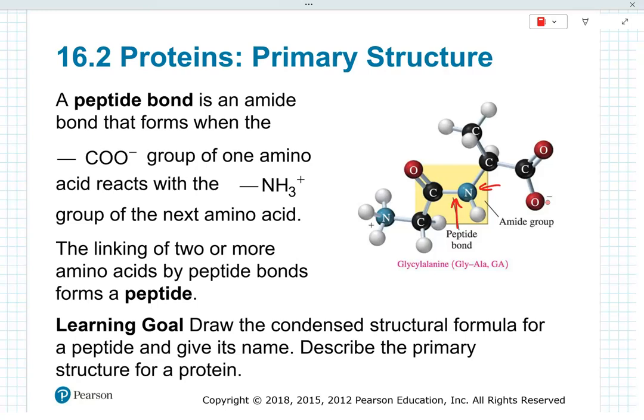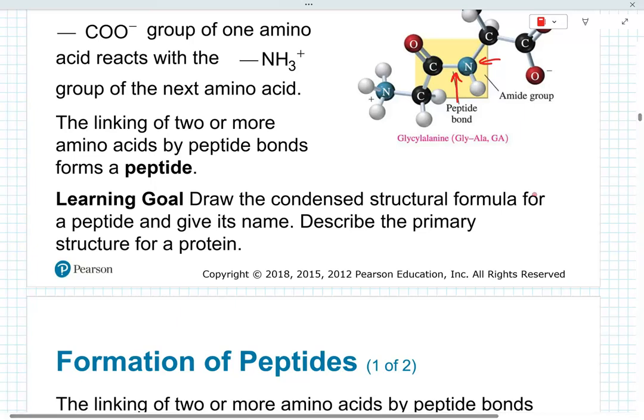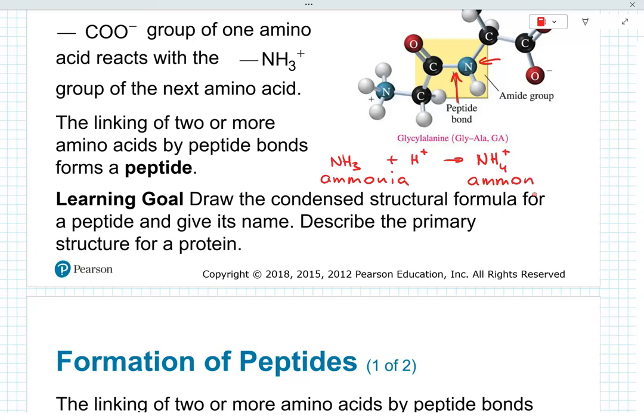Okay? I just had a quick question. As far as the naming of the ammonium group, like NH3, isn't ammonia NH3 and ammonium is NH4? Exactly. Let me explain. Good question. Hear me out. So, this is ammonia, right? When it accepts a proton, it becomes ammonium. Agreed?